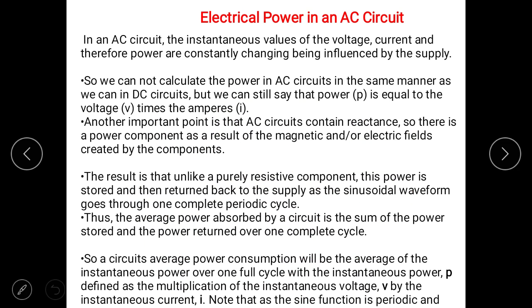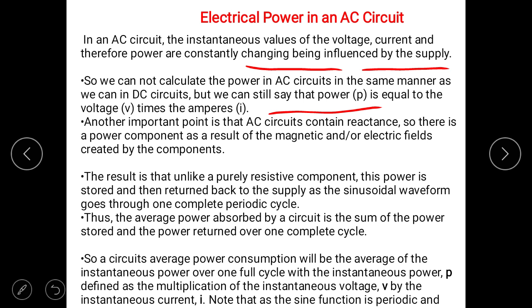Now electric power. In an AC circuit, the instantaneous values of voltage, current, and therefore power are constantly changing, being influenced by the supply. So we cannot calculate the power in an AC circuit in the same manner as in a DC circuit, but we can still say that power P is equal to the voltage and current product.